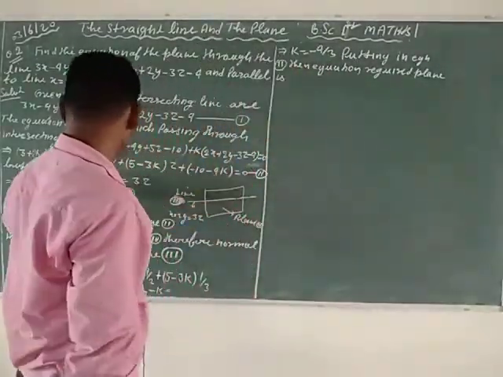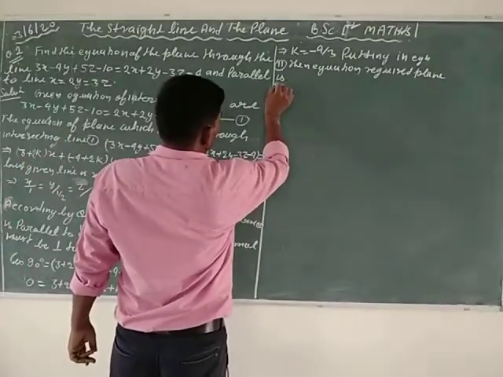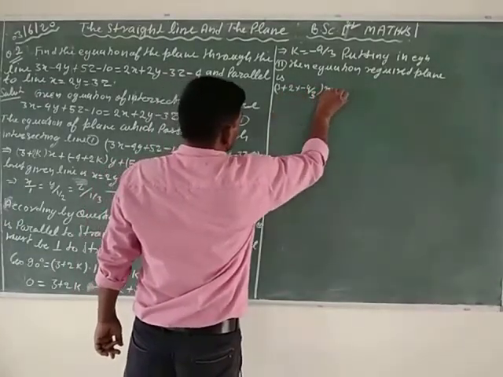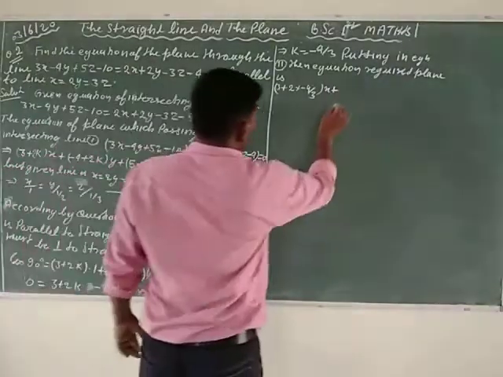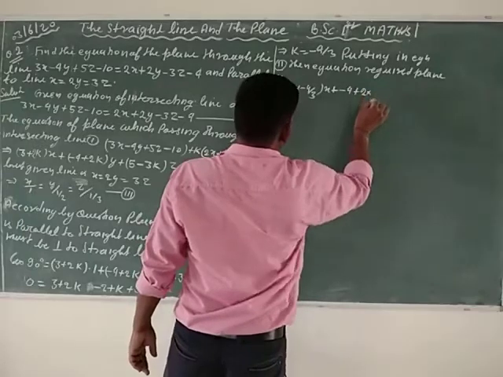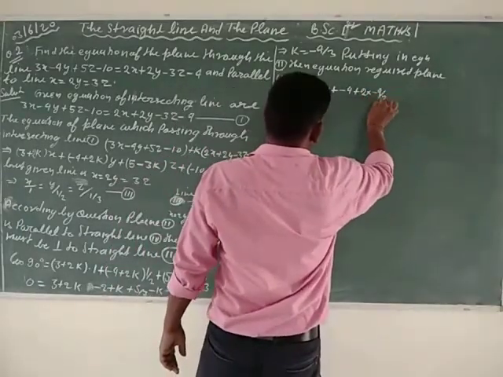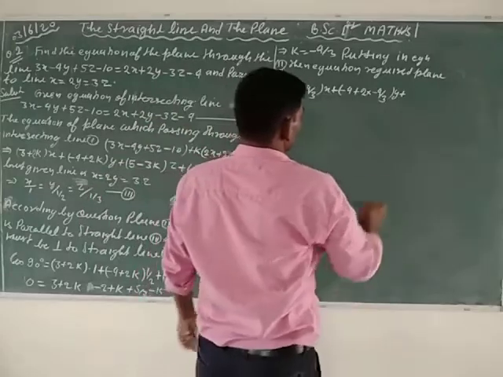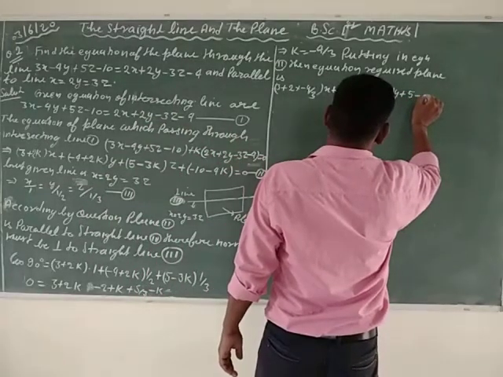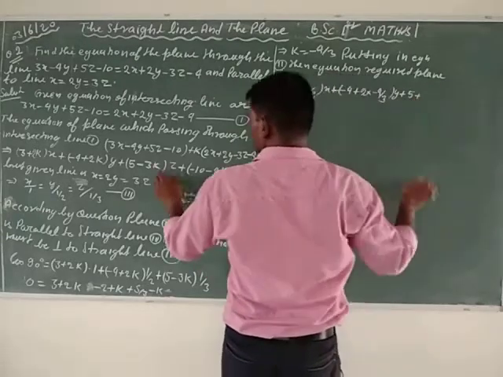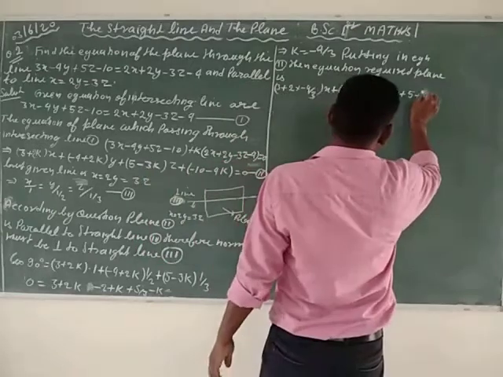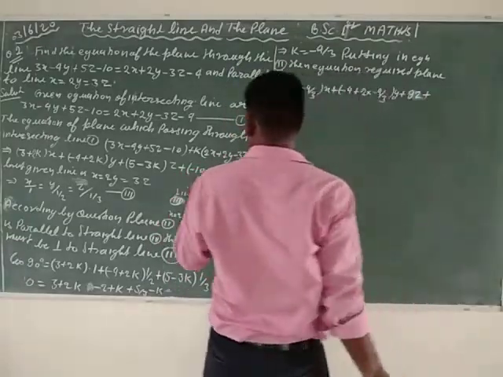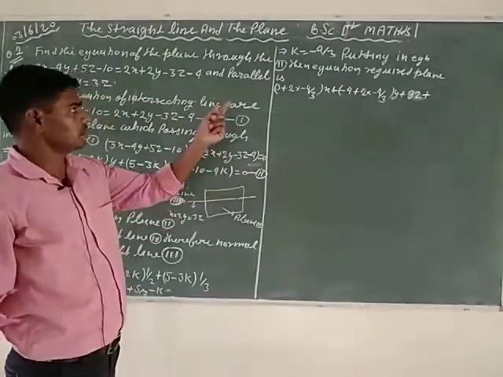So here is equation second: 3 plus 2k, with k equal to minus 4 by 3, times x, plus minus 4 plus 2k, with k equal to minus 4 by 3, times y, plus 5 minus 3k, where the 3 cancels with the 3, gives 9z, plus at last, putting the value of k, minus 4 by 3.